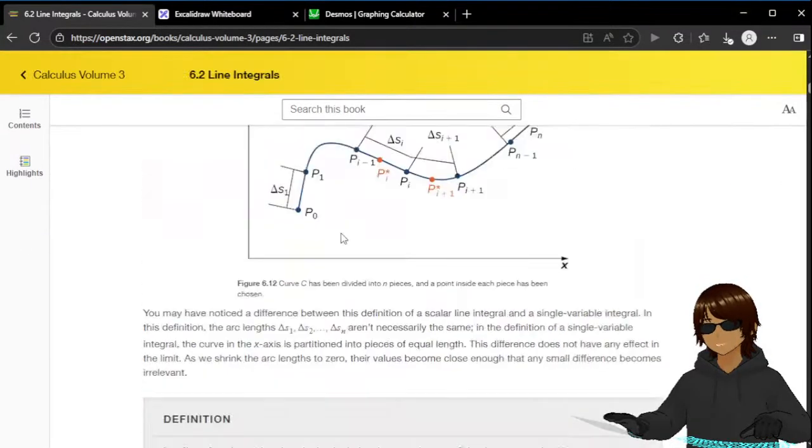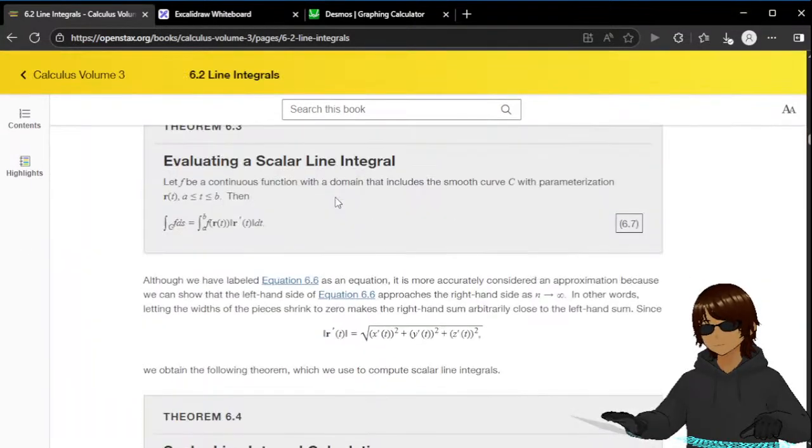Let's see if I have made a mistake somewhere. Yeah, that's how they defined it.